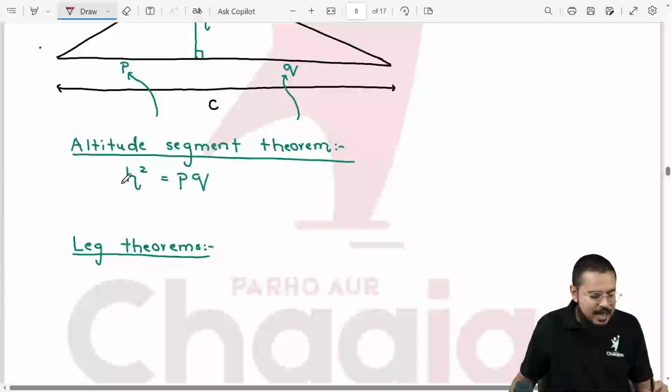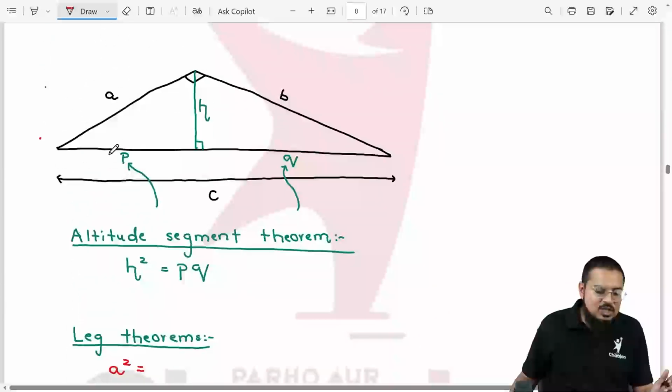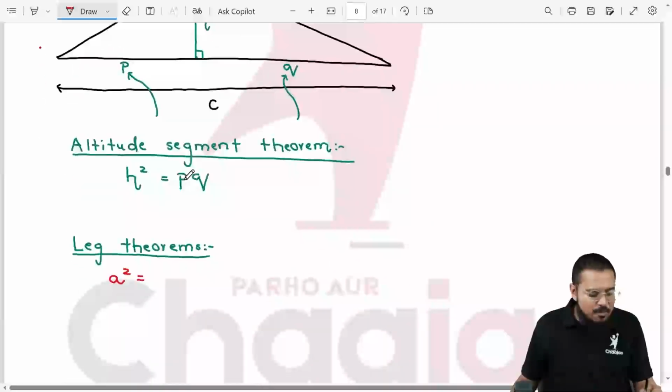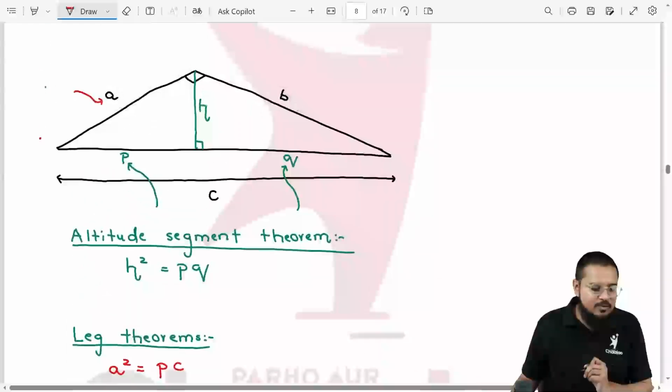It says that a square, the square of one of the legs, is equivalent to the adjacent segment, the line next to this particular leg a. So what is the line next to this leg a on your hypotenuse? That's P. So you're going to take this P and multiply it by the hypotenuse. So that's the formula: a square equals p c.